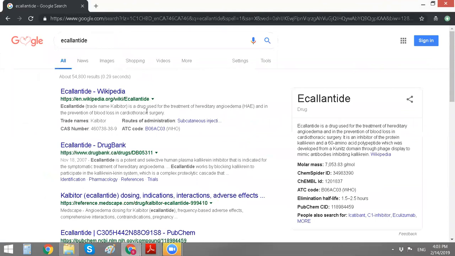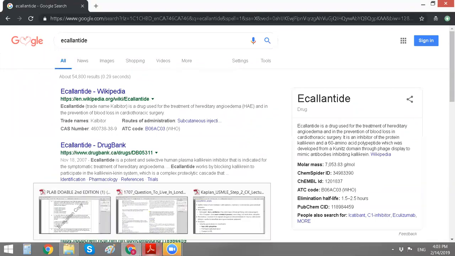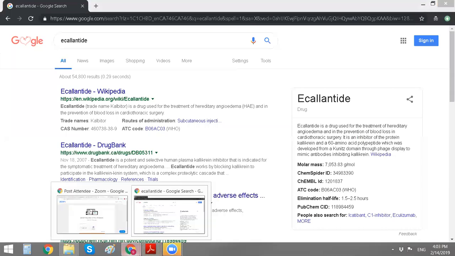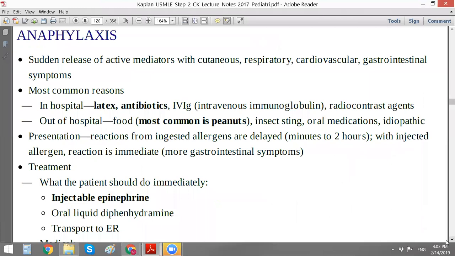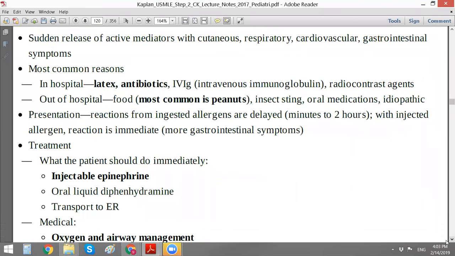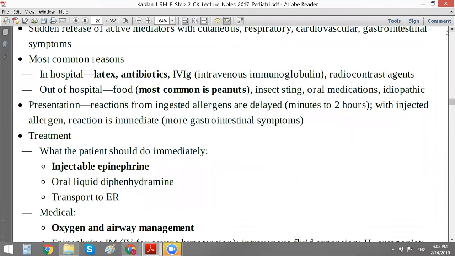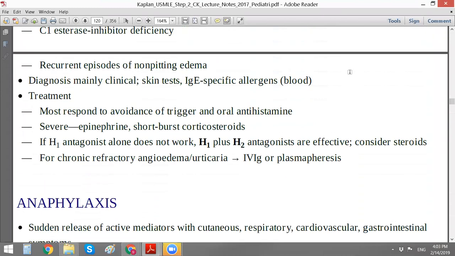I don't know why they are not using it. I will just write this down: icatibant.